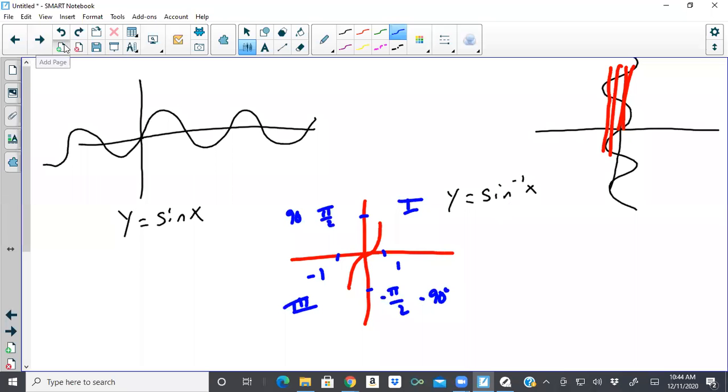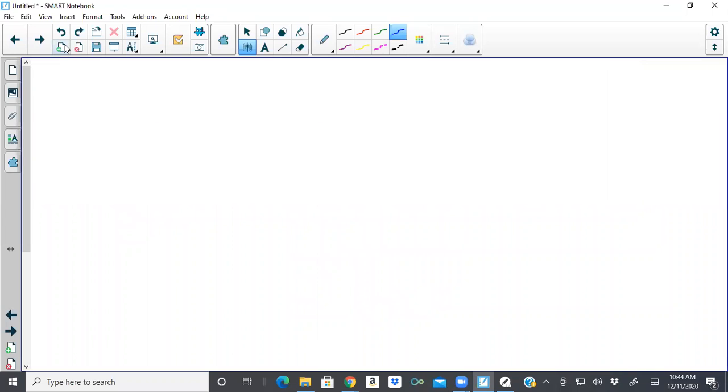For cosine, everything does the exact same type of idea. We can use the same exact kind of idea for cosine. Remember, with cosine, our graph will start at 1 and then it will actually drop down and then come back up. So when we reflect the graph of cosine, it's going to be kind of the same idea, but the graph of cosine is going to end up looking something like this, where it's going to start way up here.